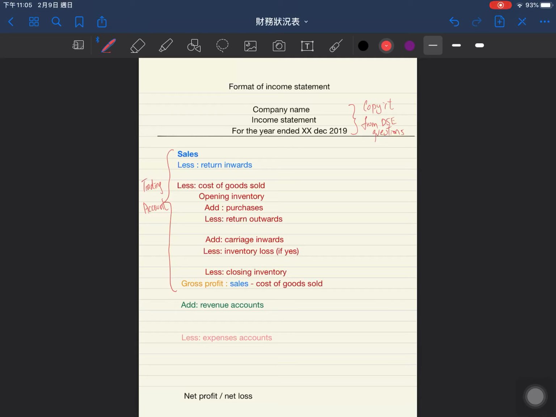So after calculating the gross profit, how do we calculate the net profit? We add all revenue accounts and less all expense accounts. For this part, we call it the profit and loss account.